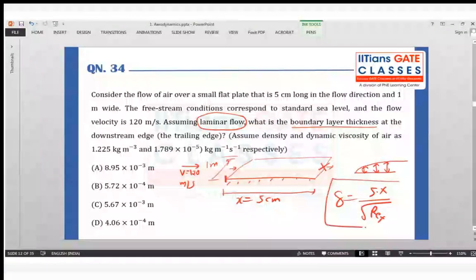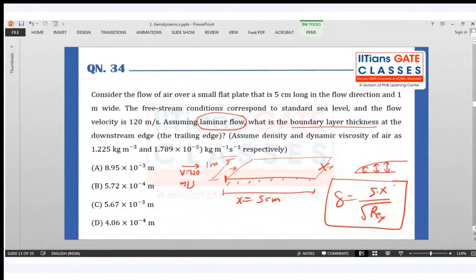Now, first thing is this formula needs to be remembered. It's not normal, everybody doesn't remember this formula. This formula is only applicable for a laminar flow, and it comes from the Blasius solution. So you need to revise the formula for boundary layer thickness for the laminar flow as well as for the turbulent flow, because today they might have asked laminar, in the next exam they might ask for the turbulent flow.